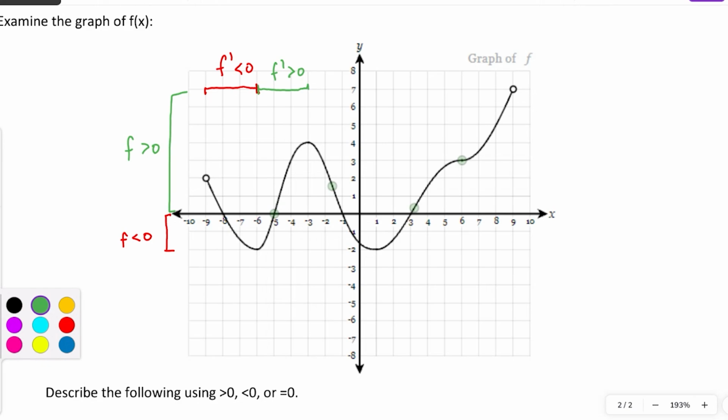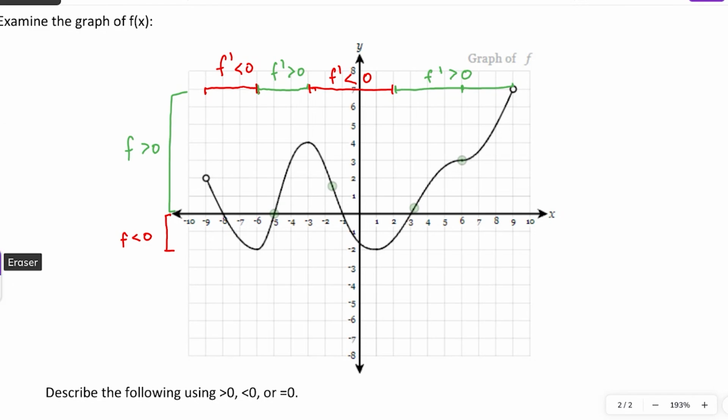From -3 to, looks like 1, we have a negative first derivative. From 1 and really all the way to 9, actually, I'll put a little break here at 6 because it does go to 0 momentarily. But we'll say that overall, the slope here is positive.